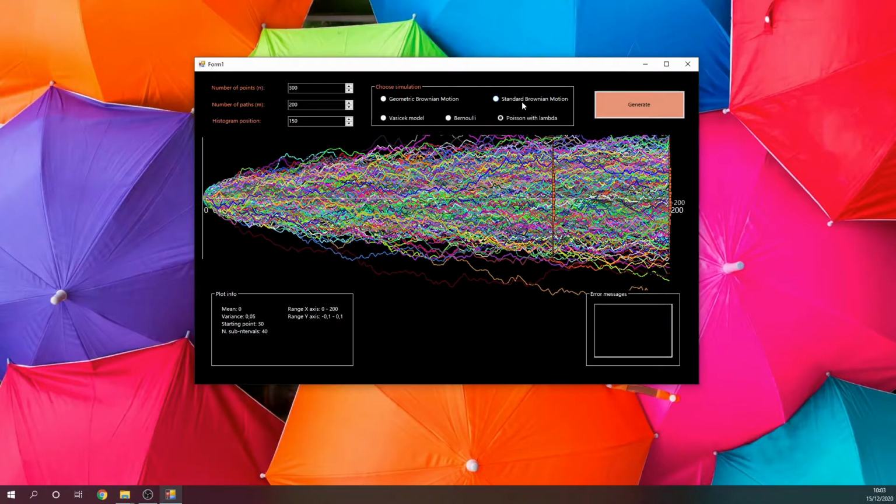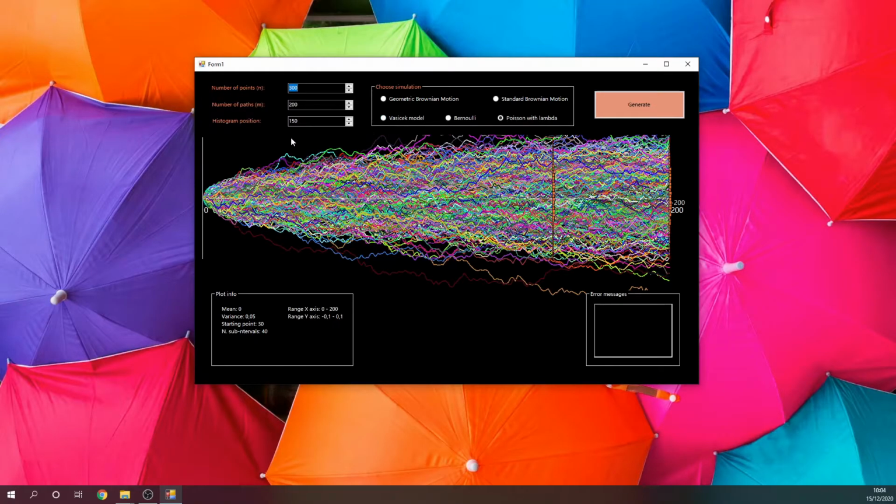We memorize the previous step, plus a random step. The random step is obtained by the function that returns 1 or 0 in the case of success or failure.